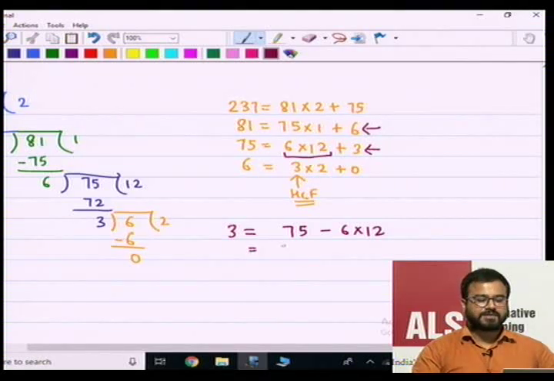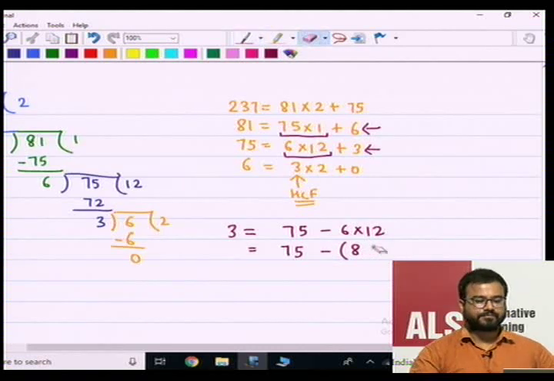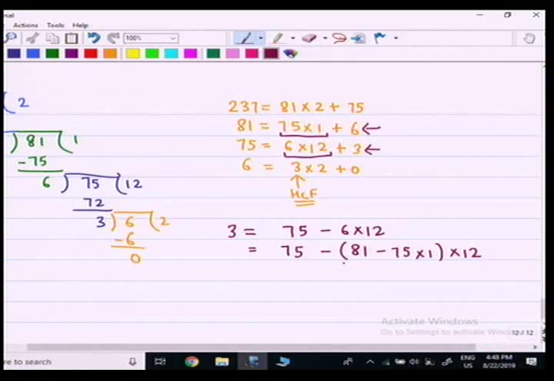From the second step, 6 can be written as 81 minus 75 into 1. So in place of this 6, we will write 81 minus 75 into 1, and this is multiplied by 12 as it is. We will simplify this first. Don't multiply them out, just write it in multiplication form.